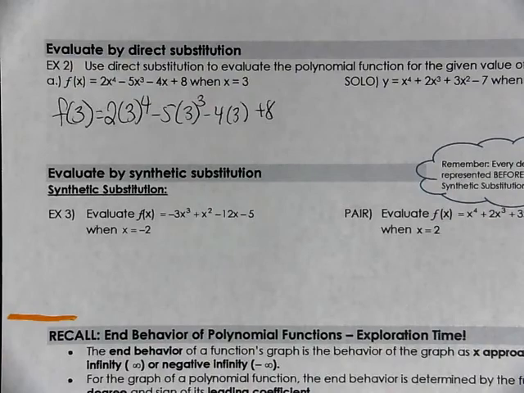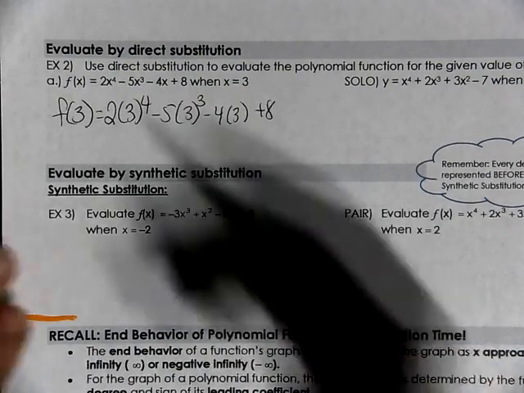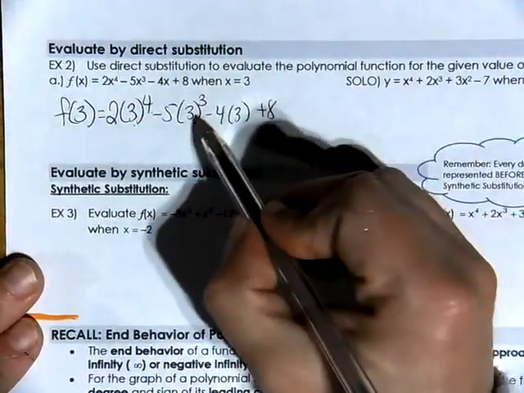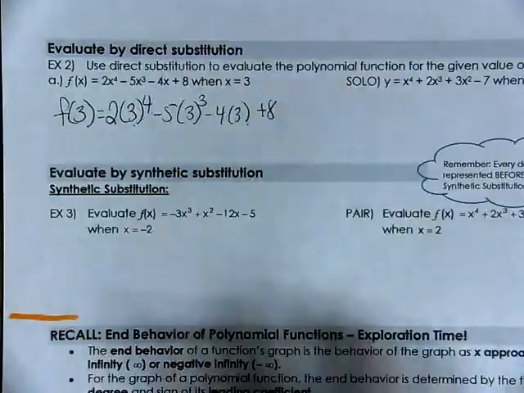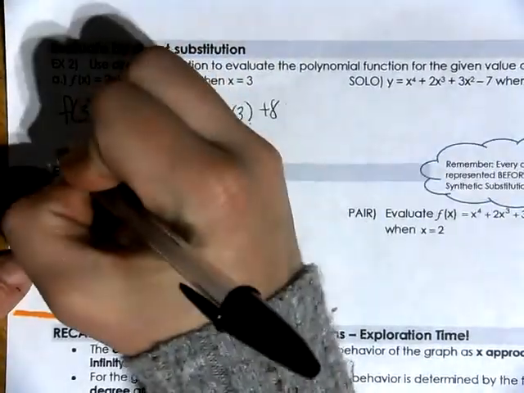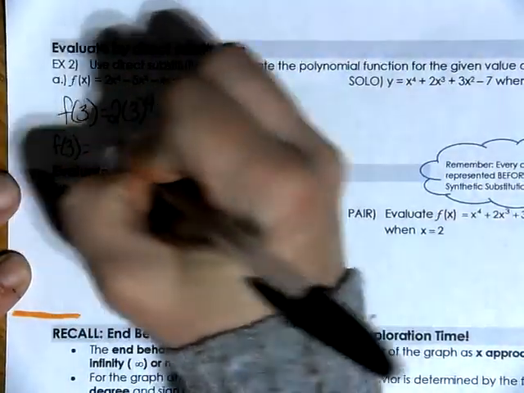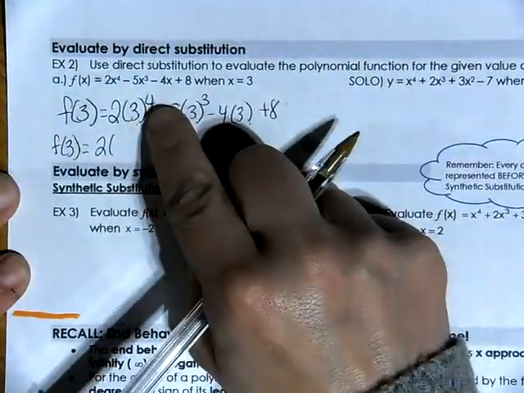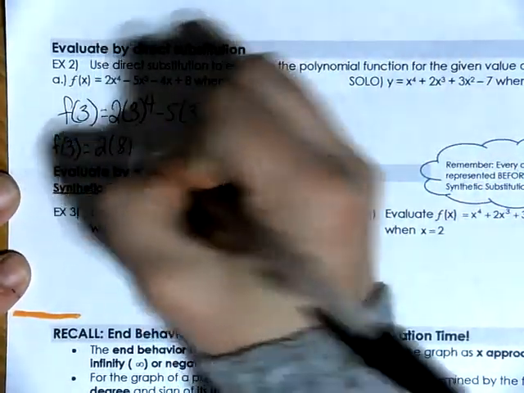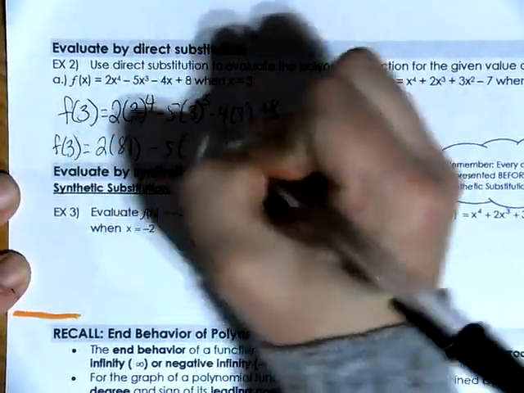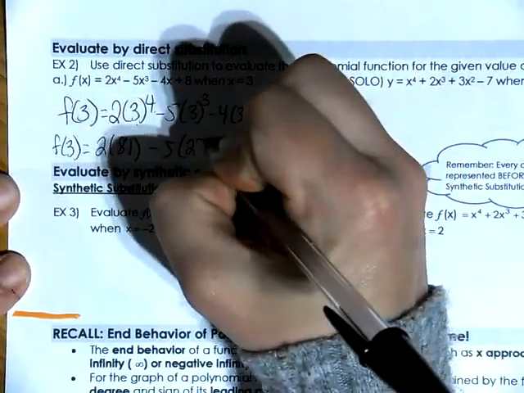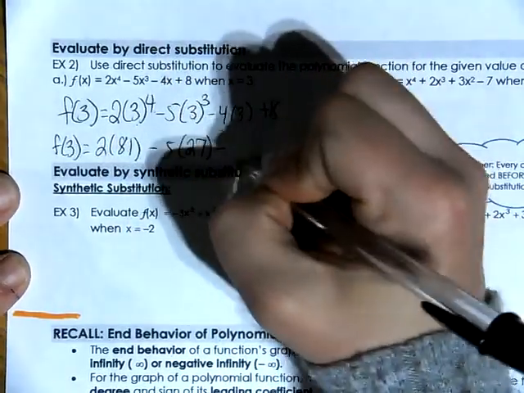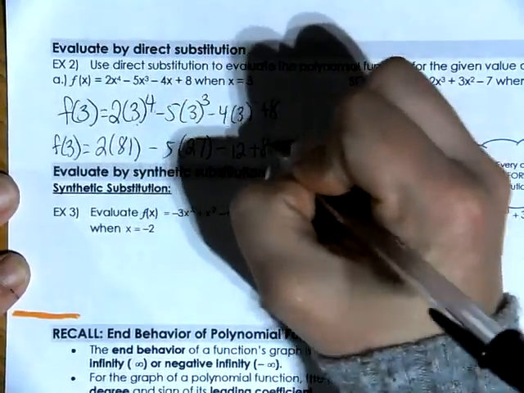I'm going to do this a little bit slower instead of just using my calculator because I really want to emphasize the fact that you have to take care of exponents first before you do anything. So this is really f of 3 is equal to 2 times 3 to the 4th power is 81, minus 5 times 3 to the 3rd power is 27, minus 4 times 3, which is 12, plus 8.